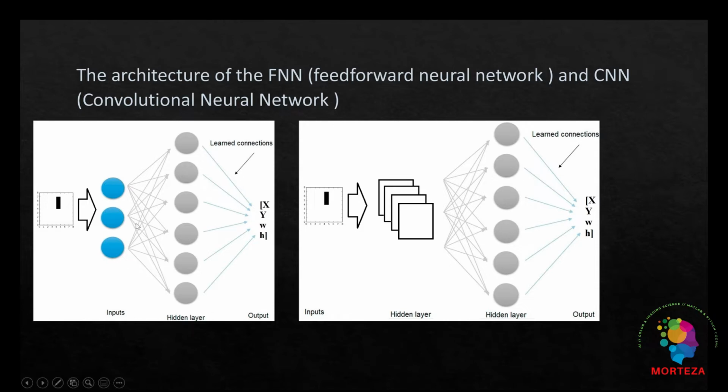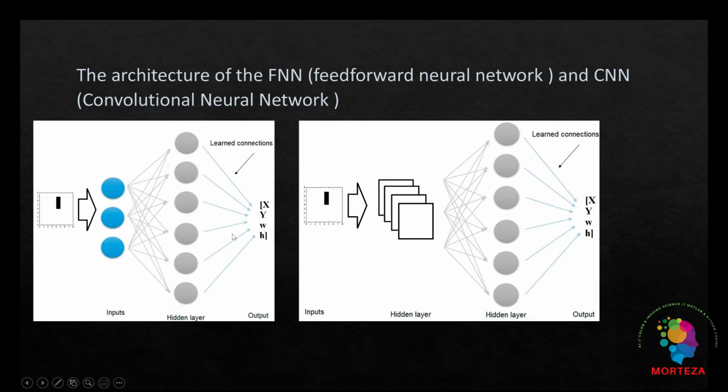So on the left side is the feed-forward neural network. There's no convolution. The flattened image is going to be used as the input, not the image itself. So it's first flattened and then it goes through one hidden layer, and it would output x, y of the lower left corner of the rectangle and the width and height of the rectangle.